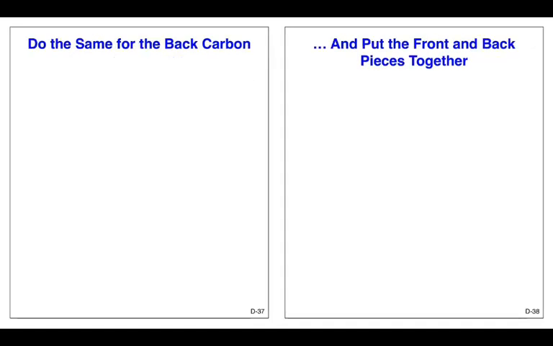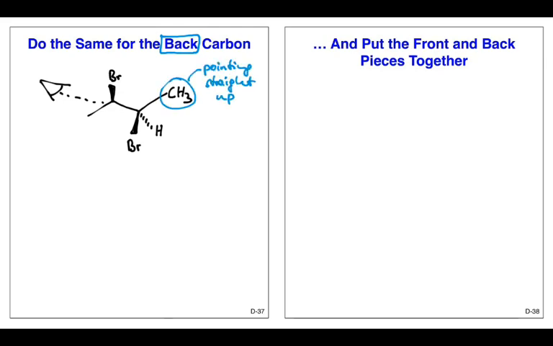So we do the exact same thing now for the back carbon atom. So we draw the structure, draw the observer, write out the methyl group as a CH3 group. We're drawing the implicit hydrogen, which is of course there. And now here you see the methyl group is pointing straight up, again looking from the direction of the observer.